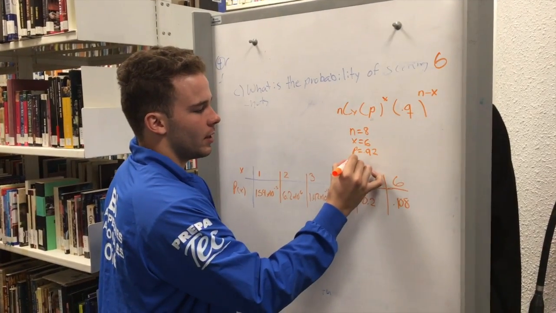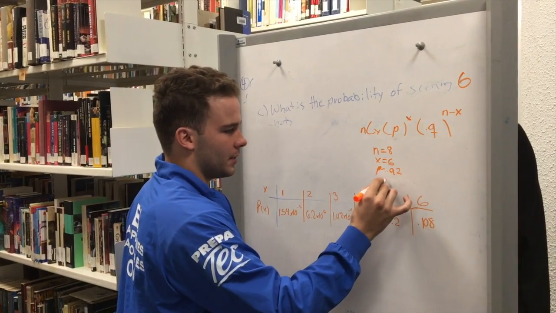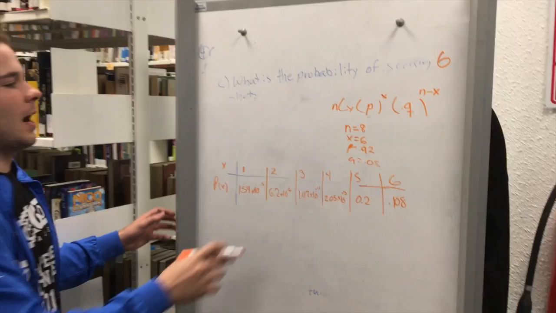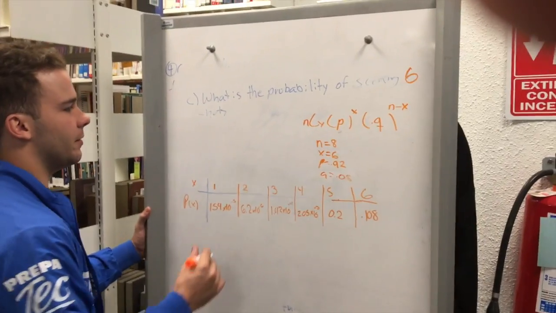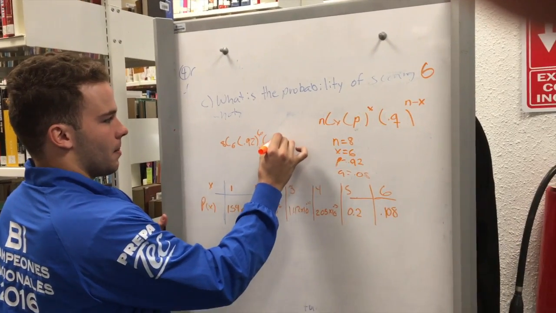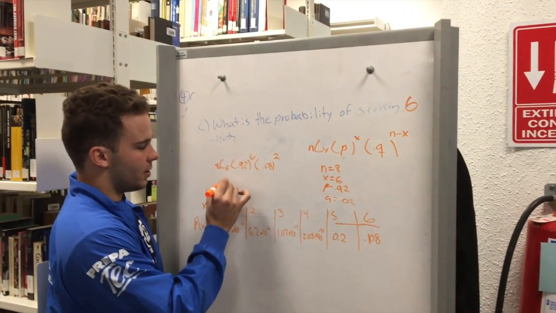And the q is the probability of failure, 1 minus p. Q is 0.08. So, from this information, we calculate, and the answer is.